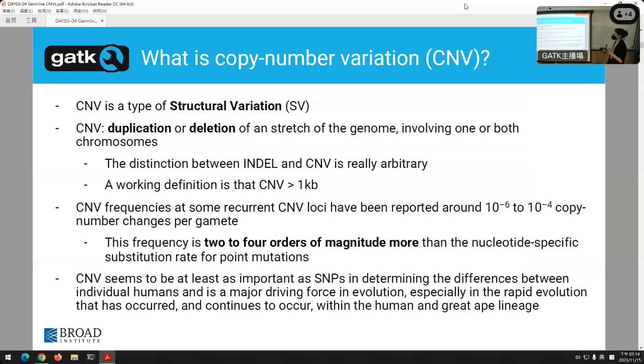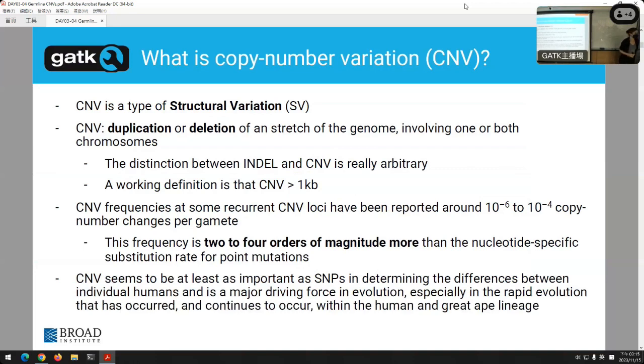And copy number variants, or CNVs, are a type of structural variation, a type of SV. There are other types of structural variants, but structural variants include copy number variants.